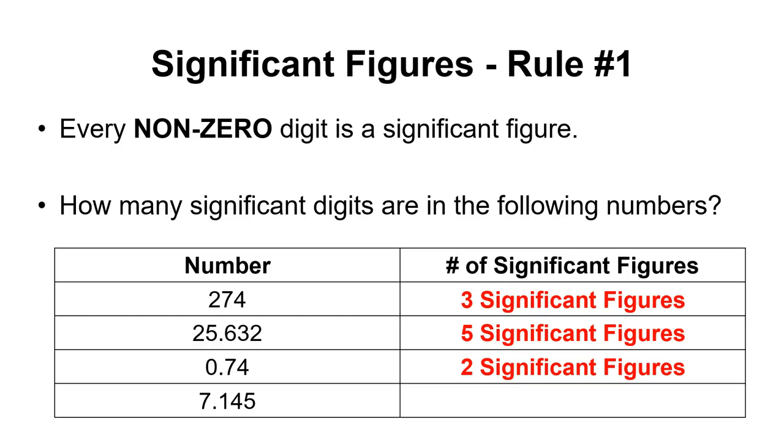So the 0 digit in 0.74 is not significant. Then the digits that are significant are the 7 and the 4 in the number 0.74.